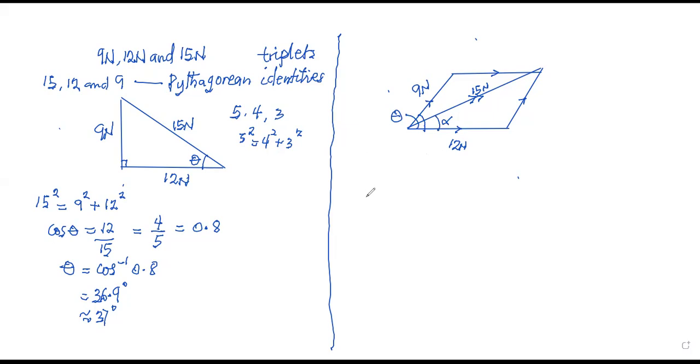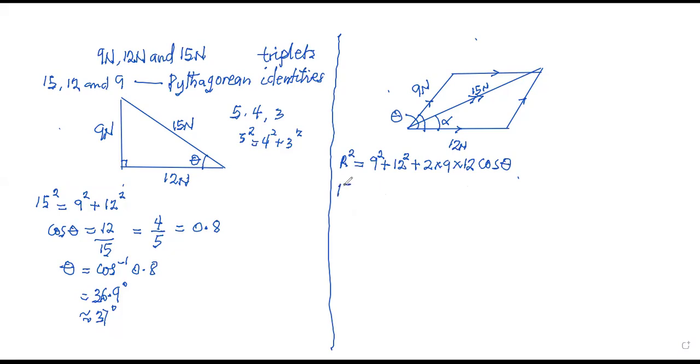Now let's use the cosine rule to find theta first, meaning the square of the resultant is equal to 9 squared plus 12 squared plus 2 times 9 times 12 times cosine of theta, the angle between the 9 and 12. The resultant is 15.